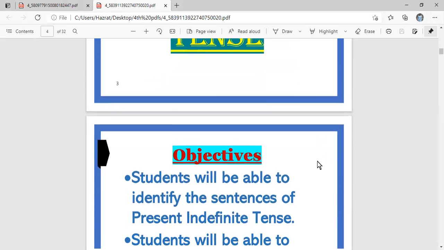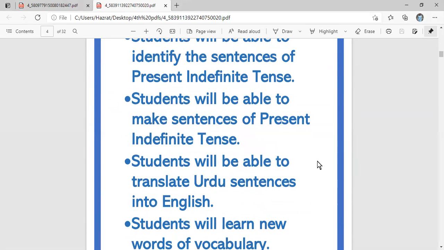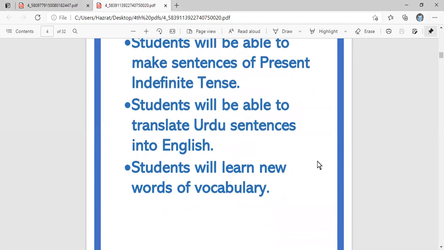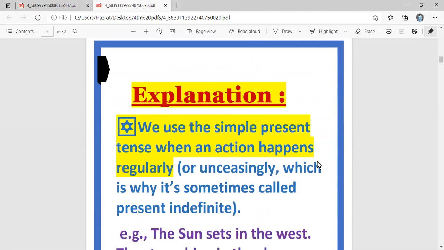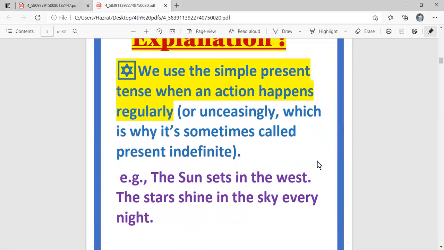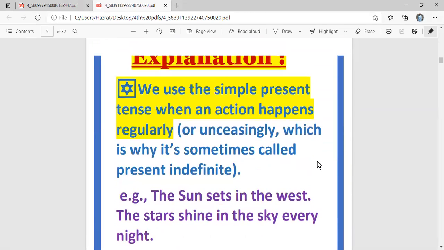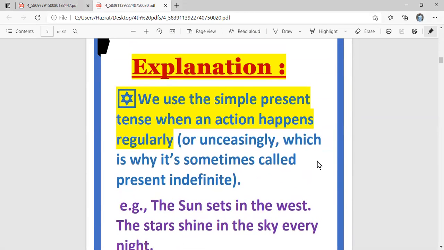So coming towards the present tense, you will have to identify the sentence. Remember why we use present indefinite tense. We use present indefinite tense to describe actions that take place regularly, or that go on without stop.